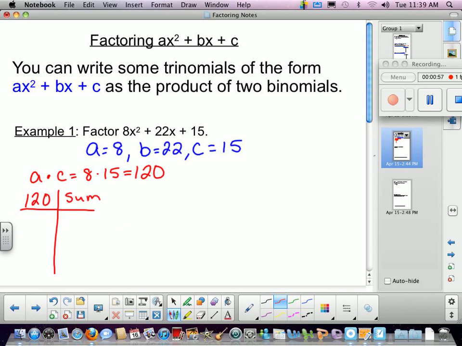I know that I'm looking for the sum that would give me 22, so I want the factors that give me 22. I'm going to ignore 1 and 120, 2 and 60, things like that.